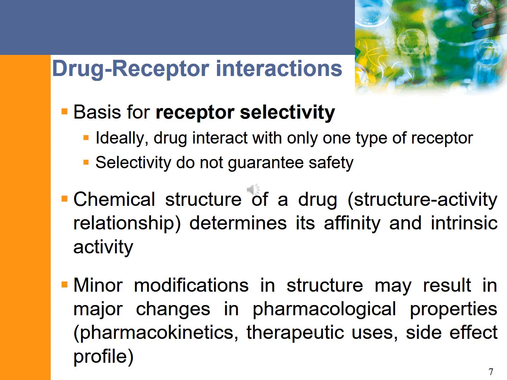And those properties are pharmacokinetic properties, so metabolism can change, and then therapeutic use. Sometimes you can just modify it slightly, and from an agonist you'll get an antagonist. Or you can also, as I said, modify the side effect profile, which is most of the time what they are looking at, to make a drug a little bit safer.